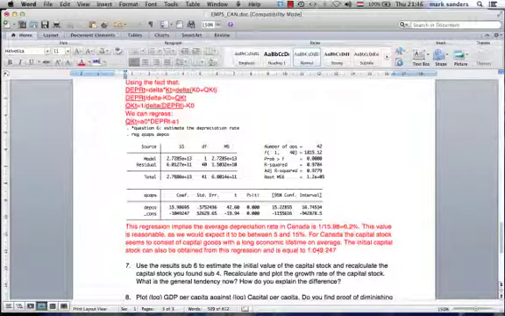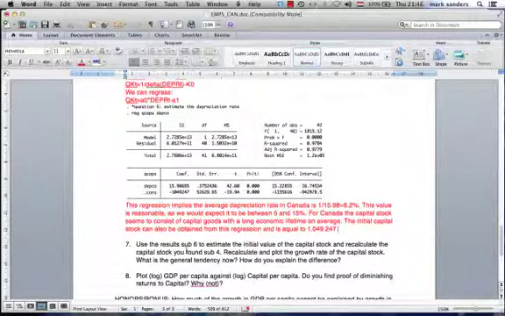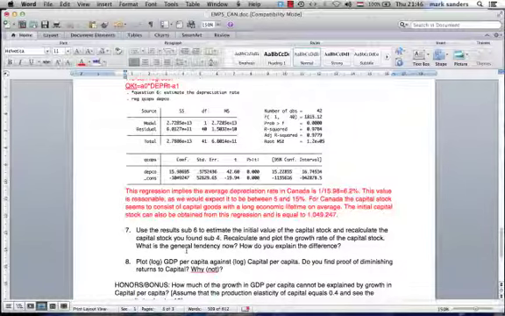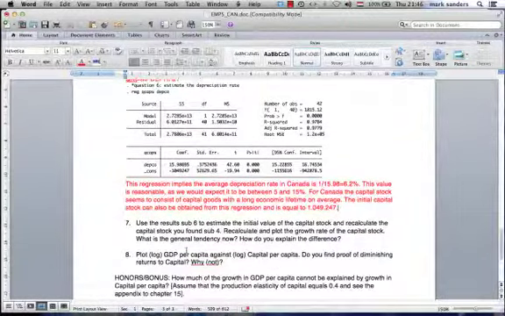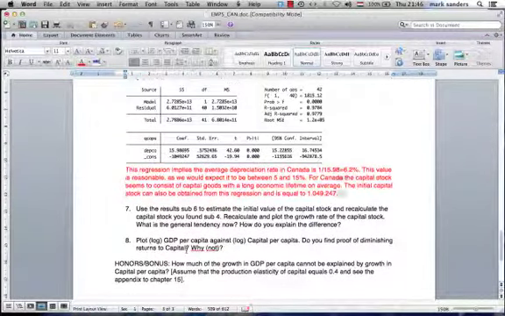Well, and then probably that's in thousands of Canadian dollars, maybe even millions. I think everything in the data set is in millions. So that would be about 1,000 billion.